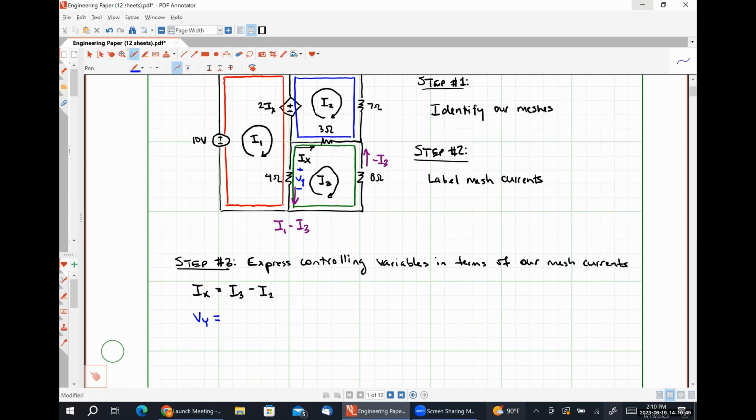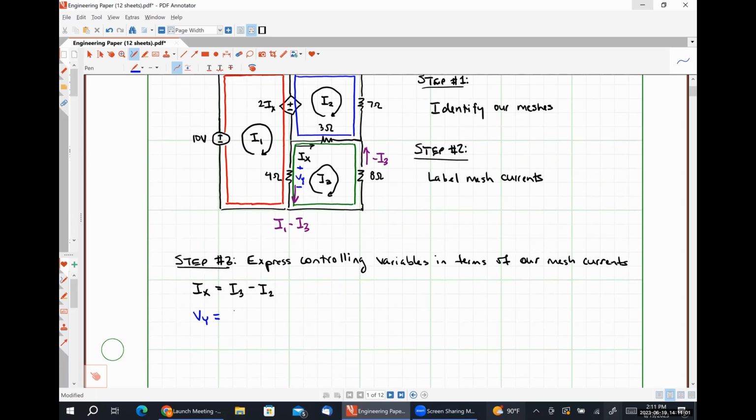Using Ohm's law, we are going to have the total current flowing into the positive polarity terminal, which is simply I1 minus I3, times that 4 ohms of resistance, because V is equal to I times R. And we are practically always going to choose the total current flowing into the positive polarity terminal, so that we won't get extra negative signs here.